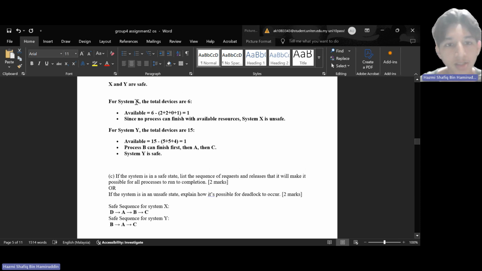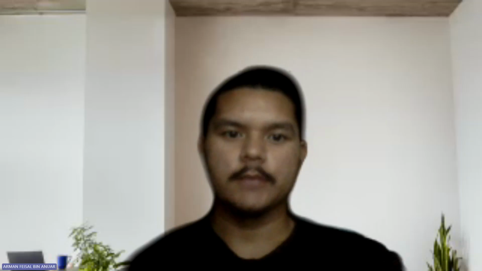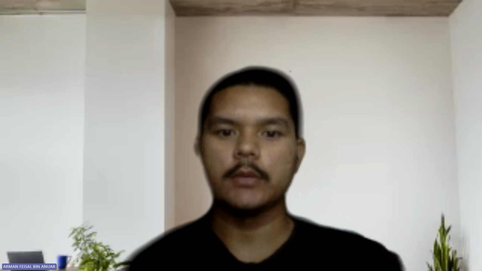So for system X, the system is safe, and the safe sequence for system X is D, A, B, C. Question C: if the system is in a safe state, list the sequence of requests and releases that will make it possible for all the processes to run to completion. The safe sequence for system Y is B, then A, and then C.